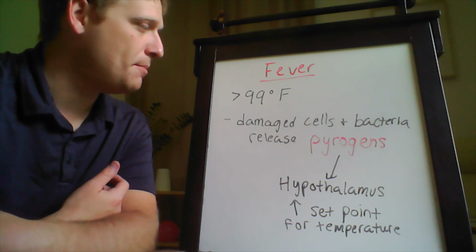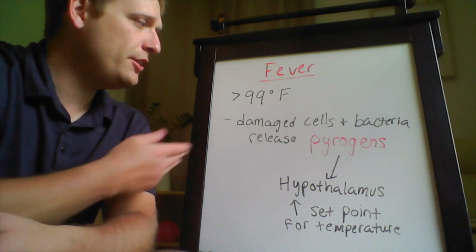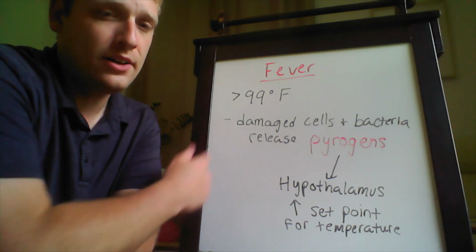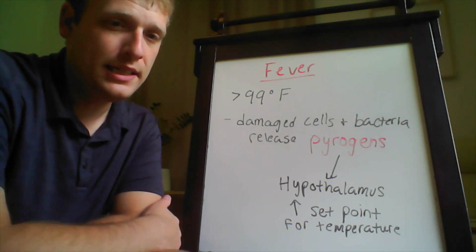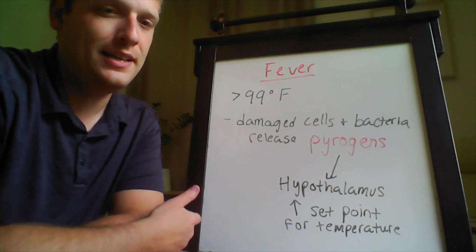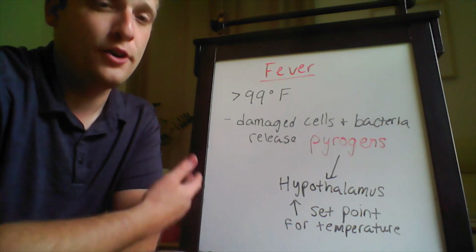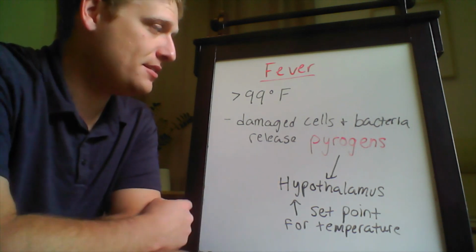But how it comes about is that when you have an infection, either bacteria or the cells that are damaged themselves are releasing substances that cause an increase in the set point of your body's thermostat in the hypothalamus.